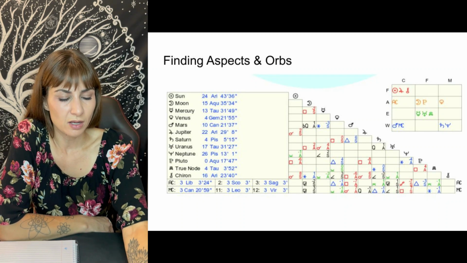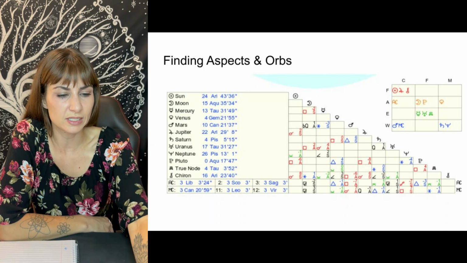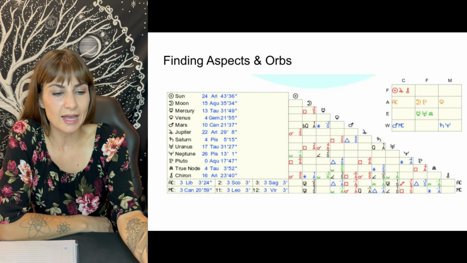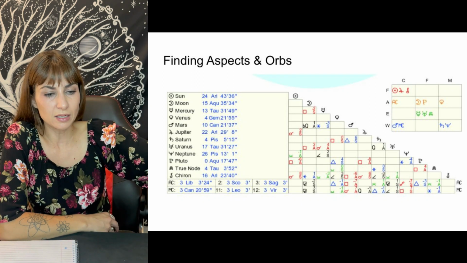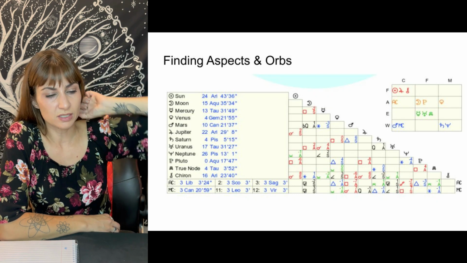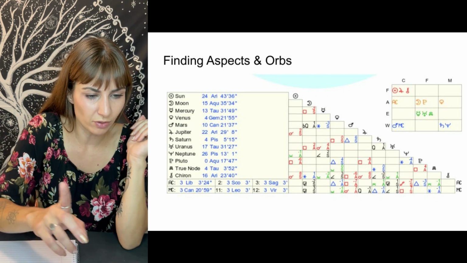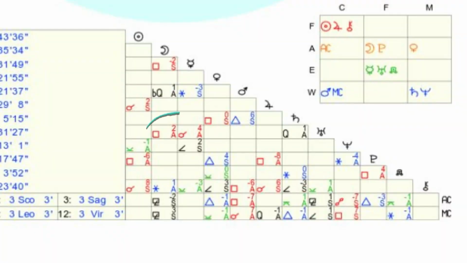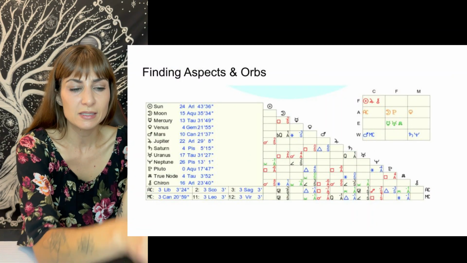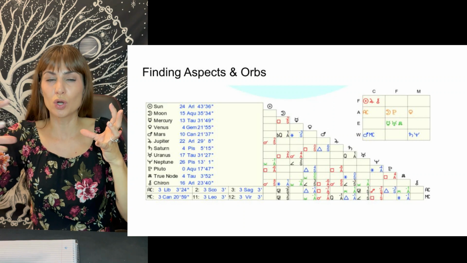The other thing that you'll see is the letter A, or you'll see an S. A means it's applying. Let's not use this particular example; I'll find you an example of an applying one. Okay, we see the moon square to Uranus at 2 degrees, and it has a little A. That means the moon is coming towards Uranus.